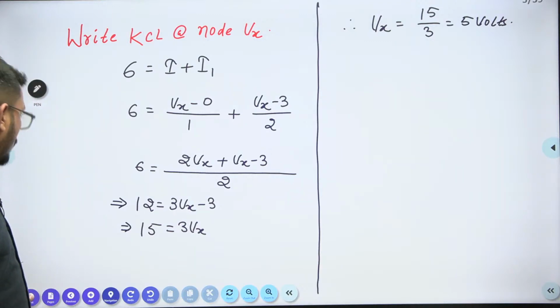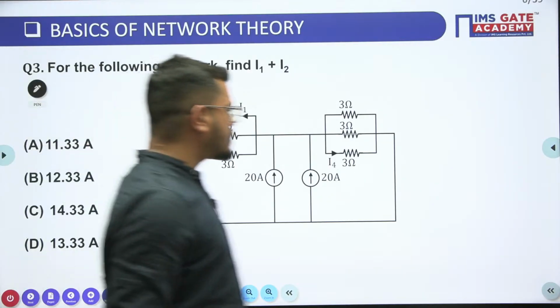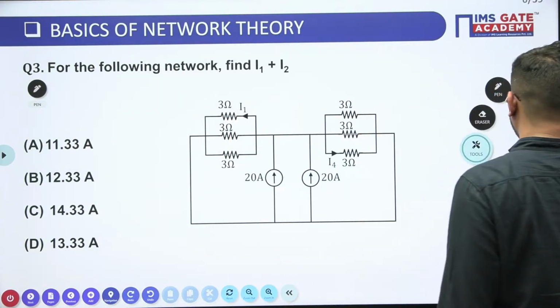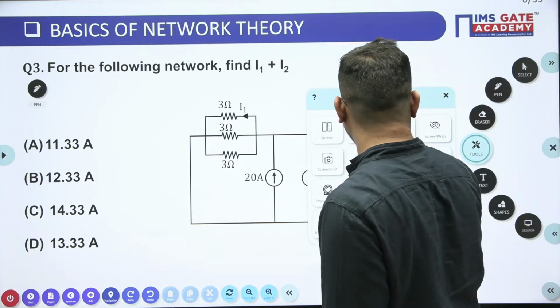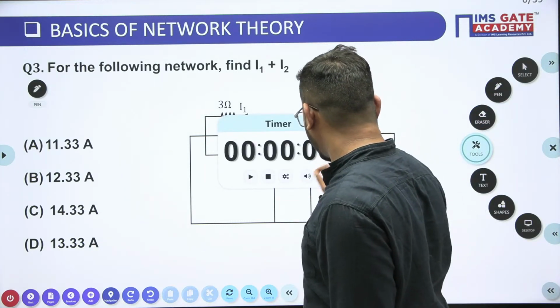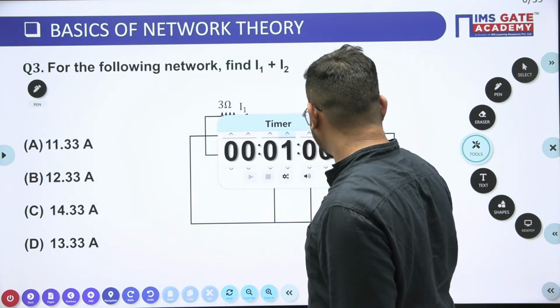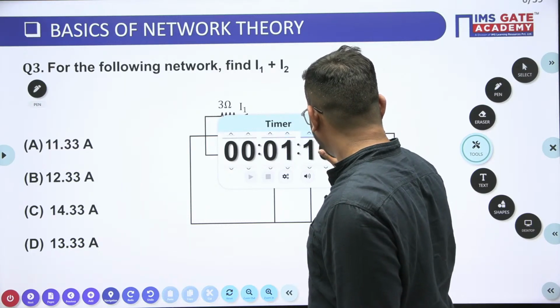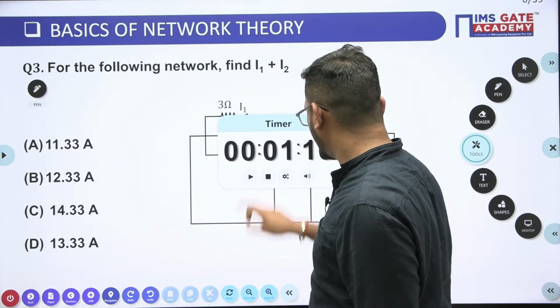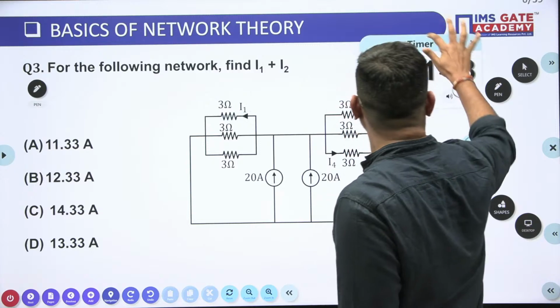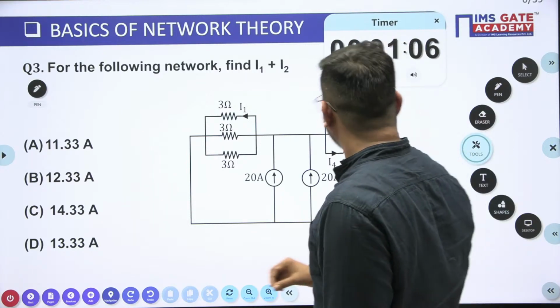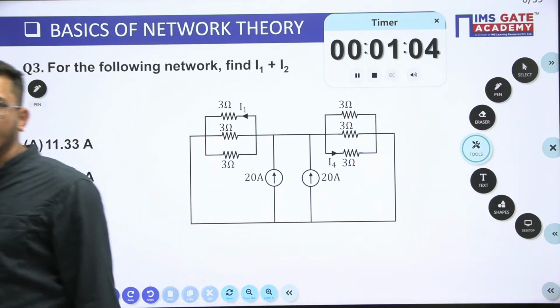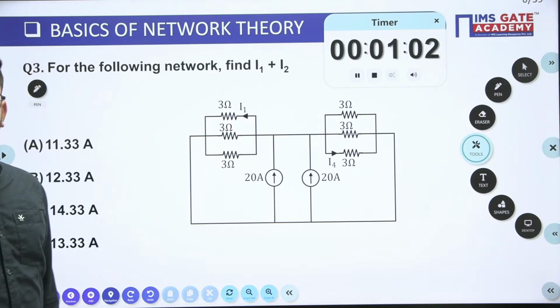So just try to solve this problem. This is a very good question, guys. And for this question 90 seconds is very sufficient, guys. It's a very easy question.